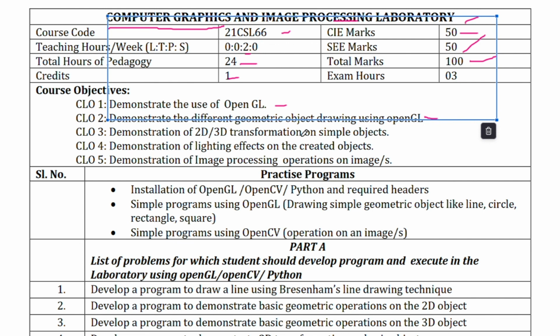The third objective is demonstration of 2D or 3D transformations on simple objects. The fourth course objective is demonstration of the lighting effect on the created object. The fifth course objective is demonstration of image processing operations on images. These are the course objectives.